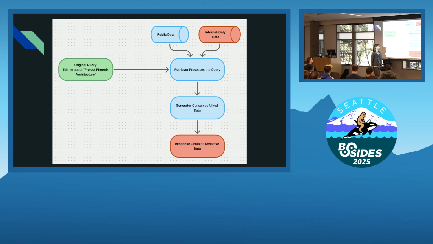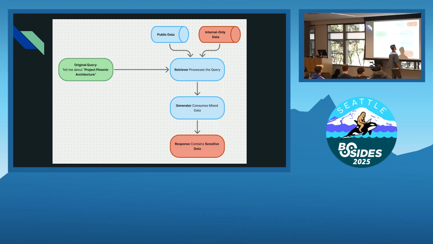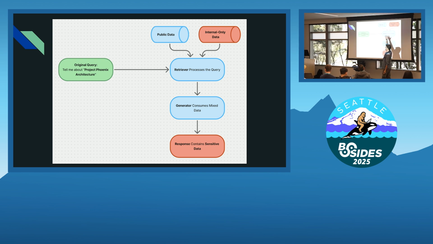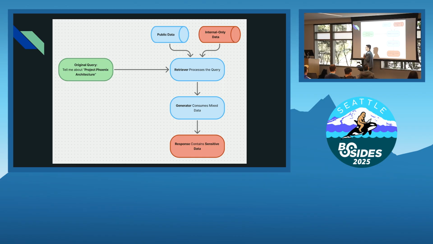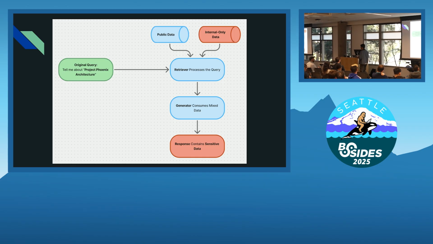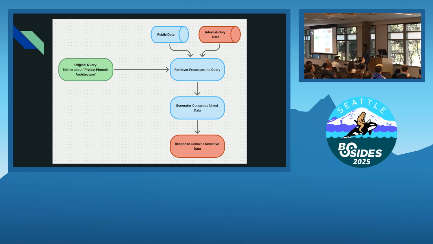The retriever, as I said, is very friendly with everyone. It'll go access the public data, and it might access some internal data too. And it might combine that data, convert it into vector embeddings in the vector DB.